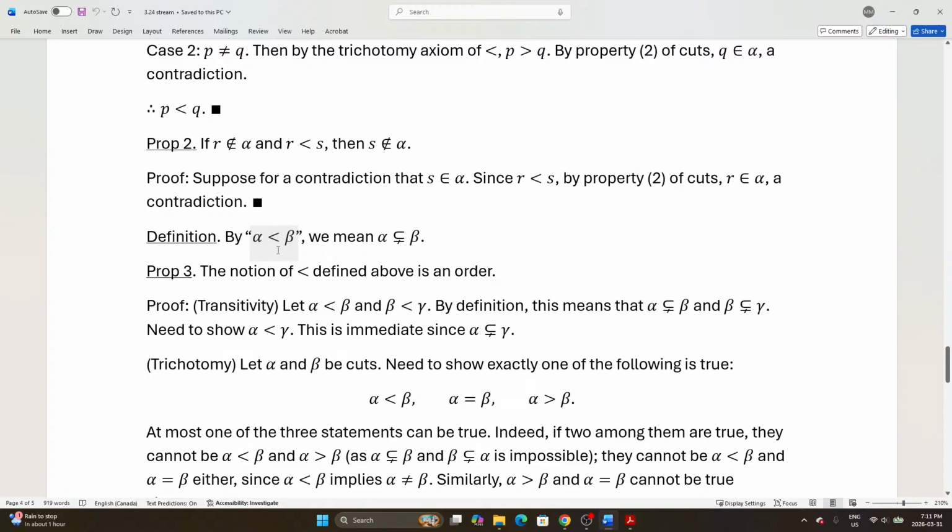So instead, we distinguish these two relations by choosing different classes of letters. For example, we only use Greek letters for cuts, and we only use Latin letters for the rationals. This way, which relation we're talking about is clear from the context.